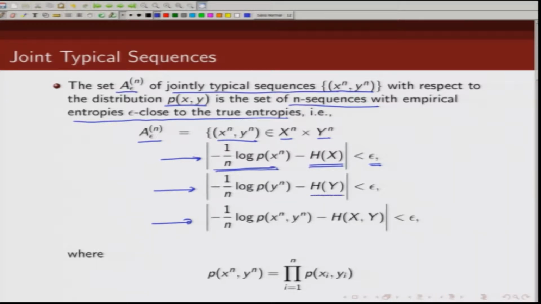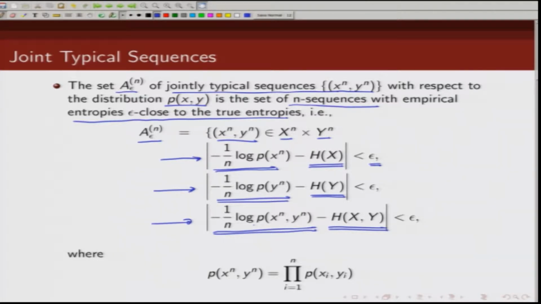Similarly, this is the true entropy of y and this is the empirical entropy of y. This is the true joint entropy of x and y, and this is the empirical entropy of the joint distribution P of x^n and y^n.